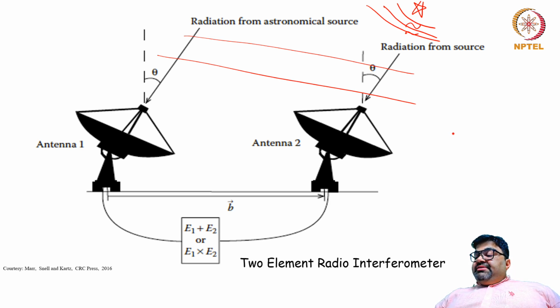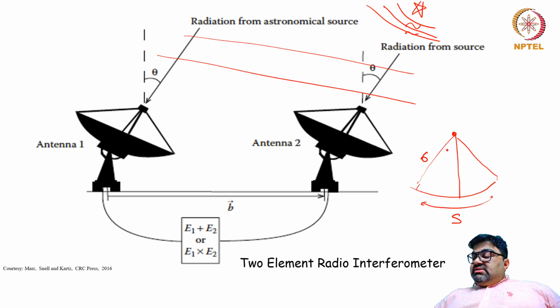Suppose you have a source, and you have one arc. If you just draw this, this is a small r. So S, the arc length, is equal to r times theta.